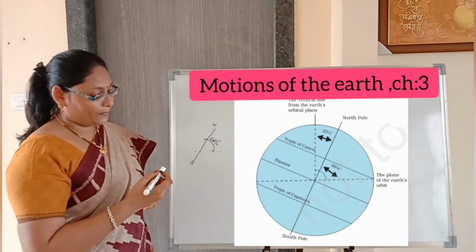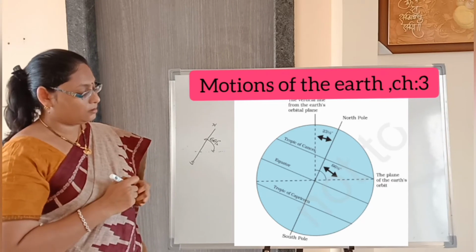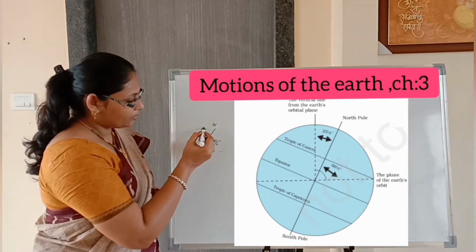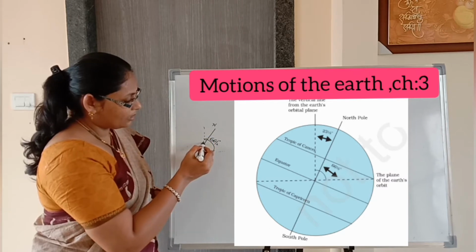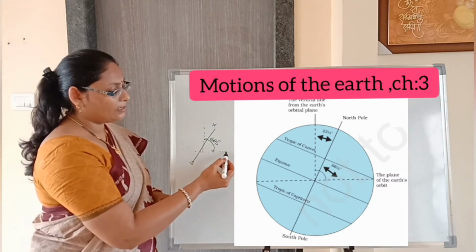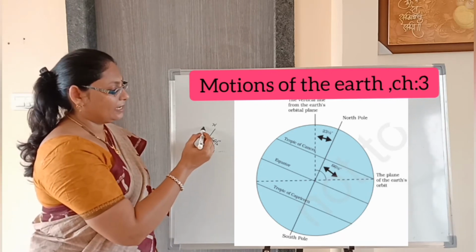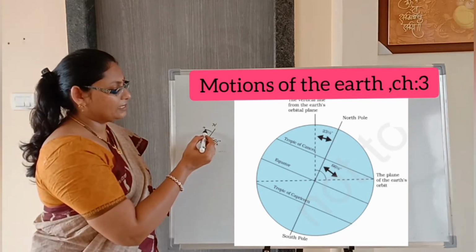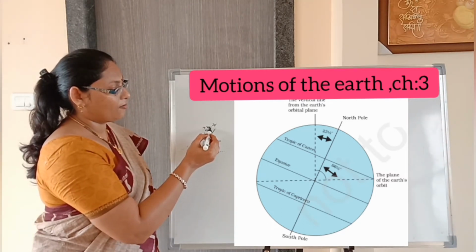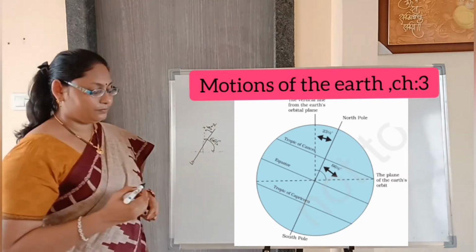If you draw exactly a vertical line from the Earth's orbital plane, the difference between this is 23 and a half degrees. Why?